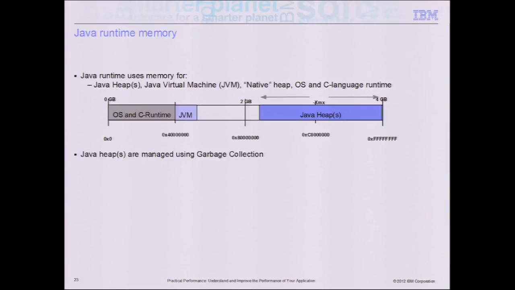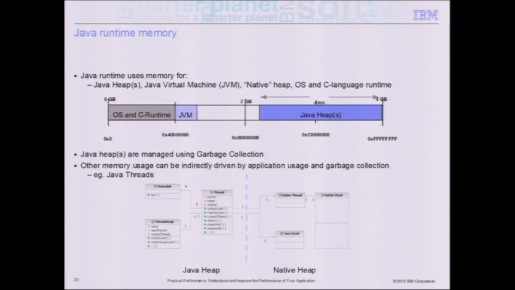So in terms of the Java runtime, memory is actually used for a fair number of things. When you start your process, memory is used for the OS and the C runtime. Right? The fact that you're running an operating system takes some memory. Your Java heap takes some memory, and the JVM itself takes some memory. And there is actually a relationship between the Java heap and the JVM's memory usage.